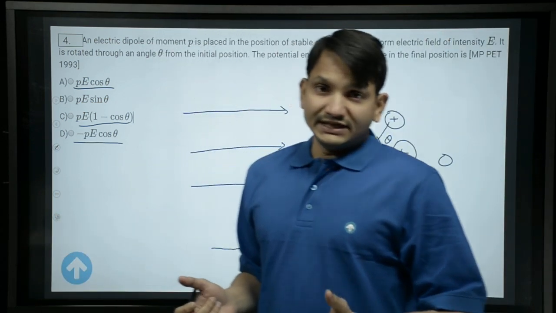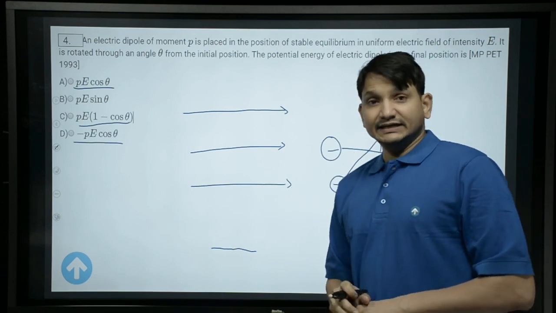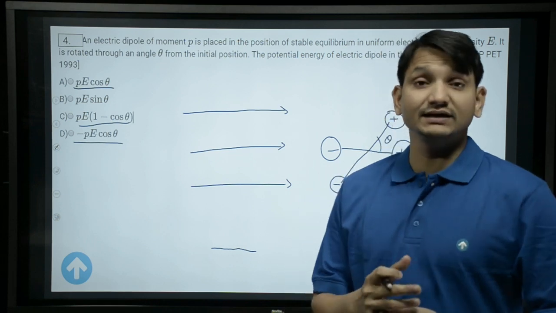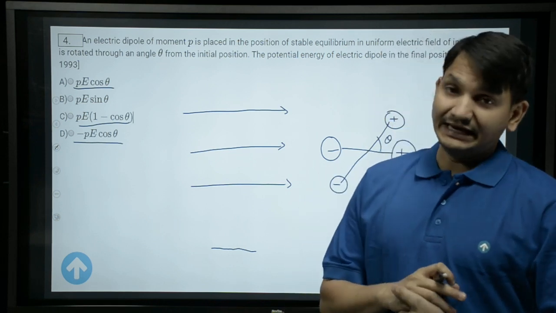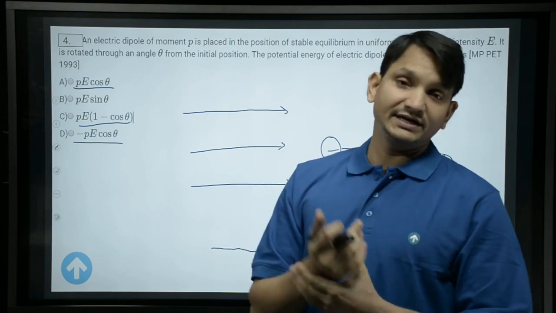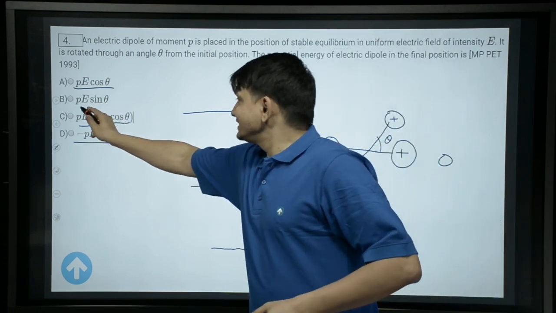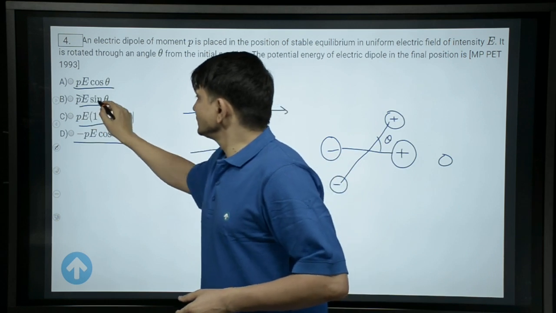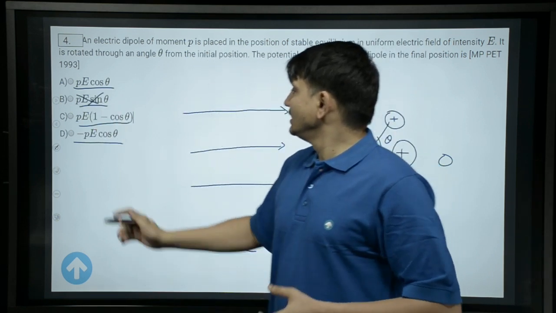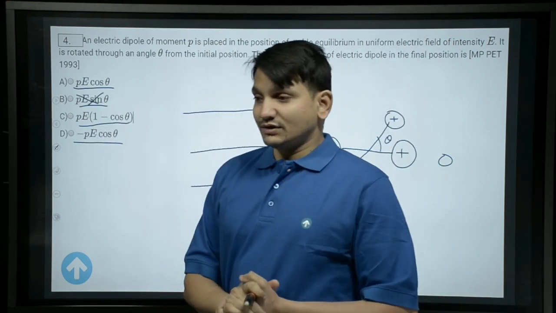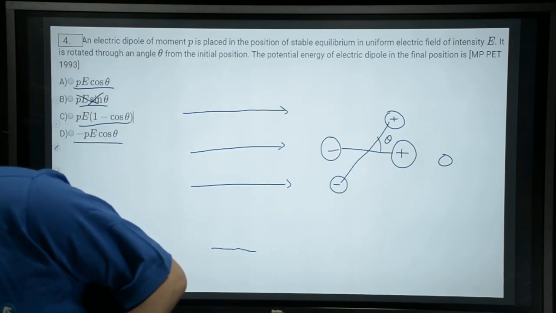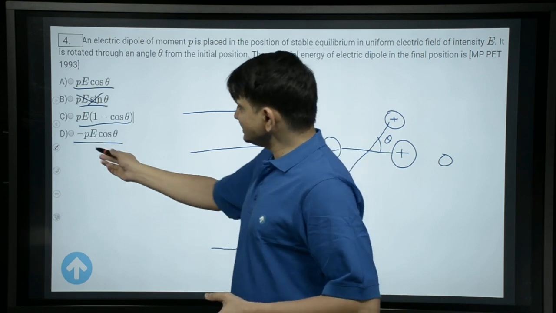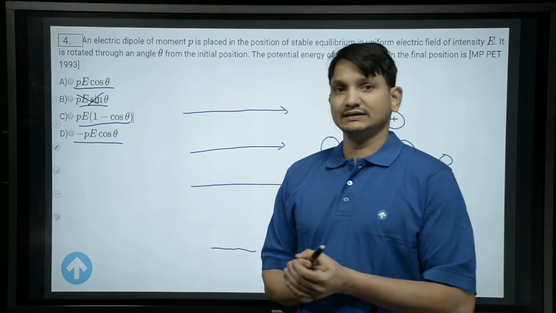Cos theta at 0 is 1 and at 90 it is 0, so from 1 to 0 it is decreasing. Sine is not to be considered here. Then there is PE cos theta, which some of the answers are related to. So minus PE cos theta, is it right? Because of the minus sign, it could be related to this.